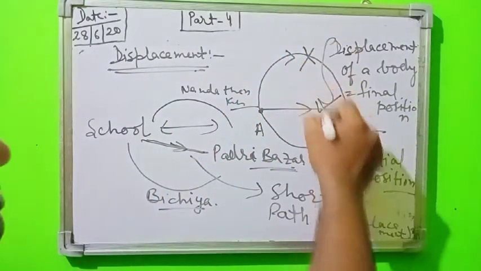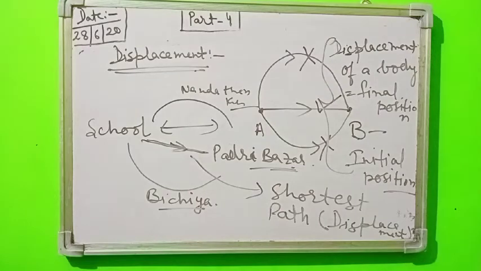In a nutshell, displacement is final position minus initial position. Suppose you have to find the displacement between your school and Padri Bazaar. For finding it, first of all, what is your final position? From a reference point you will measure the position of Padri Bazaar, and also of your school.